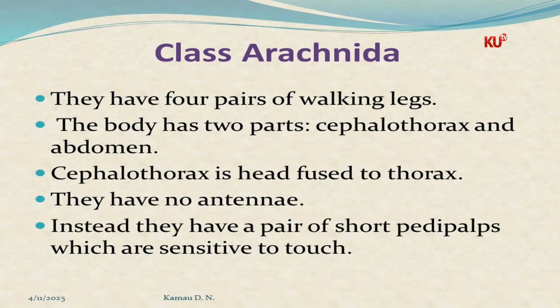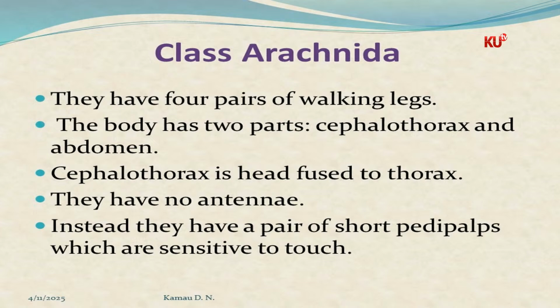The cephalothorax is formed when the head and the thorax fuse together. Class Arachnida have 2 body parts, the cephalothorax and the abdomen. They have 4 pairs of legs which have toothed claws. 4 pairs of legs means they have 8 walking legs.